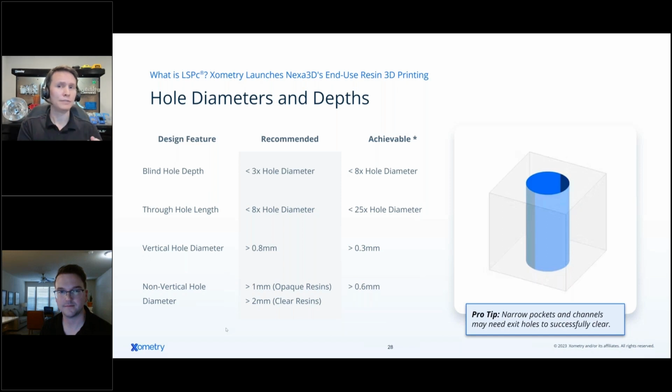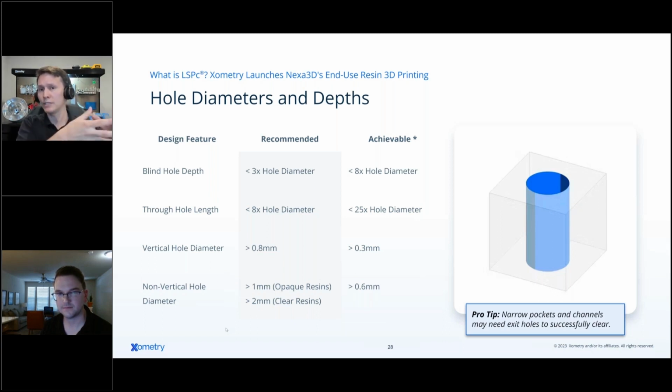We do need to think about how that material can be cleared of liquid resin. This is coming out of a liquid bath. If my hole diameter is too narrowly elongated and blind at the end, you have literally forces that are holding that liquid in the very end of that blind hole that can be difficult to clear.